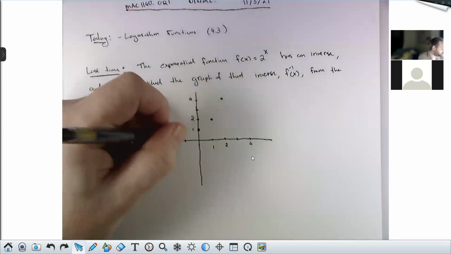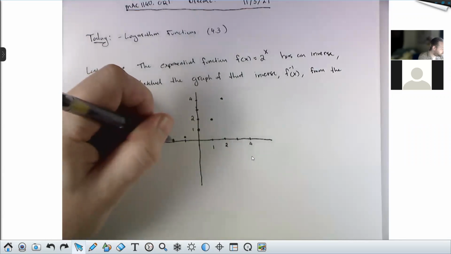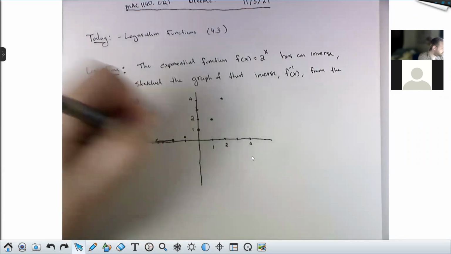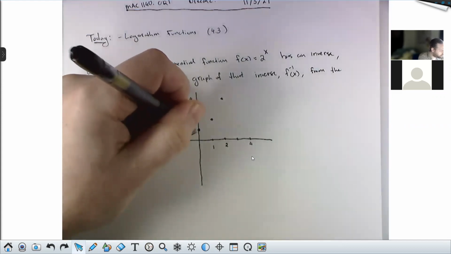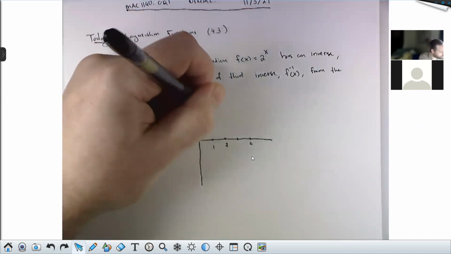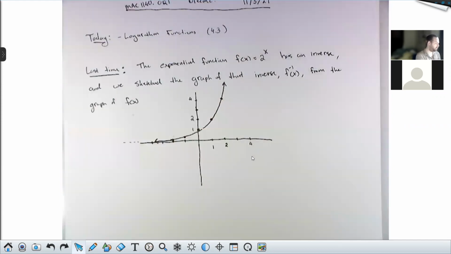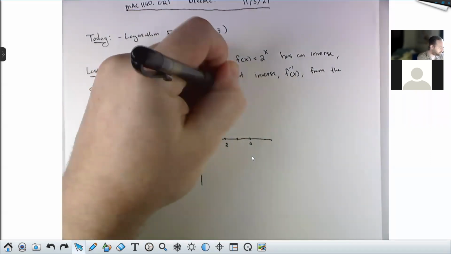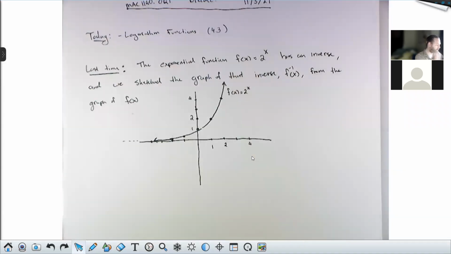It also goes through (-1, 1/2), (-2, 1/4), and it approaches this horizontal asymptote over here, something like this. All right, so this is the graph y equals 2 to the x, or I'll write it as f of x equals 2 to the x.